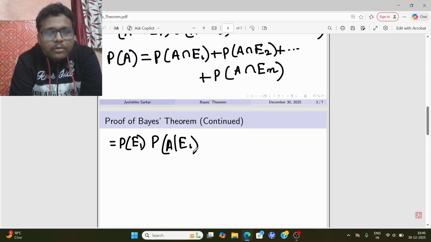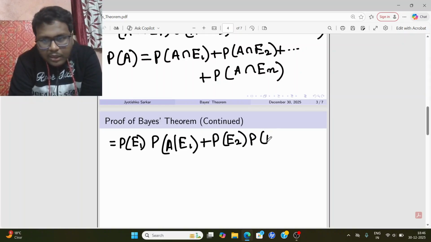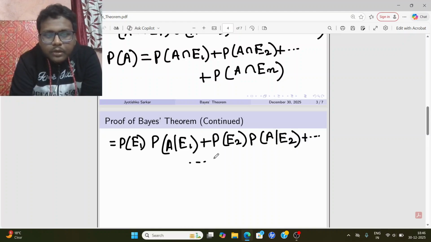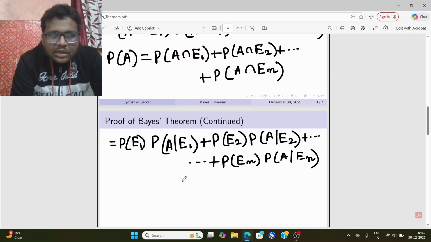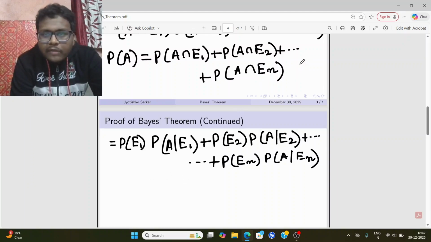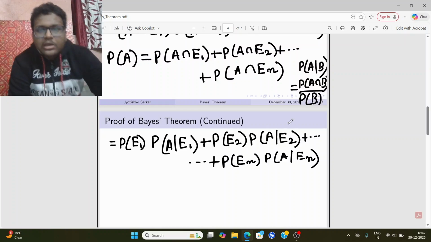Similarly, I can write probability of E2, probability of A bar E2, up to probability of En, probability of A bar En. As we know the definition of conditional probability, if we have A bar B, what does it mean? The conditional probability A bar B means probability of A intersection B divided by probability of B. Okay, I just used this formula.